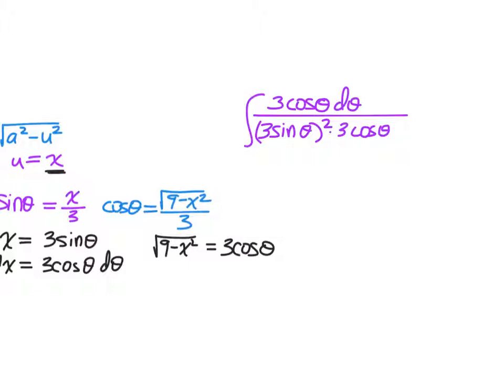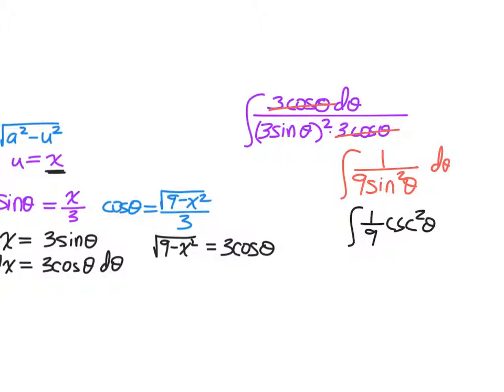In this case, look, boom. 1/9 cosecant, I'm stealing my own thunder, sine squared theta d theta, which equates to 1/9 cosecant squared theta d theta.